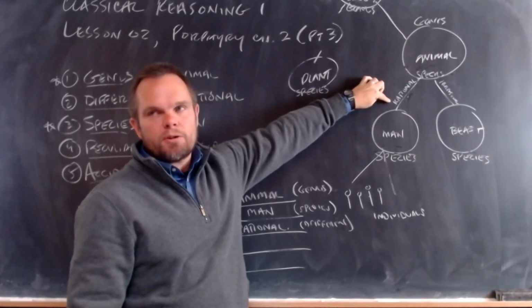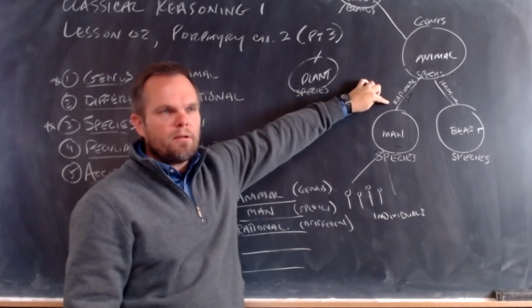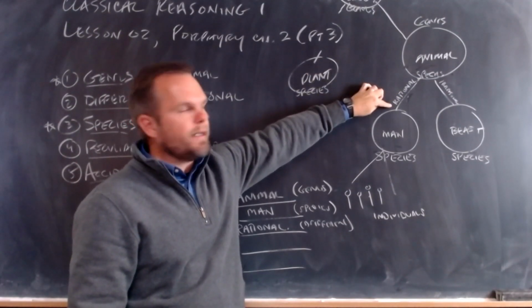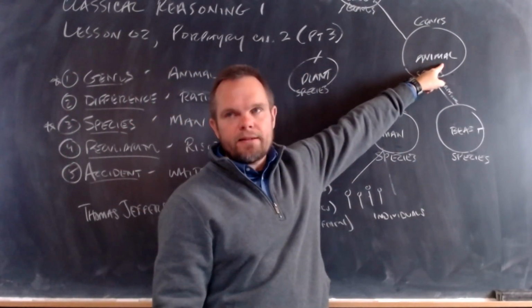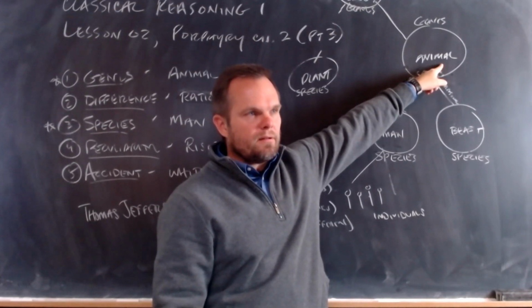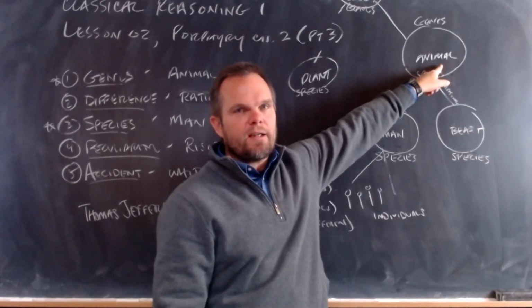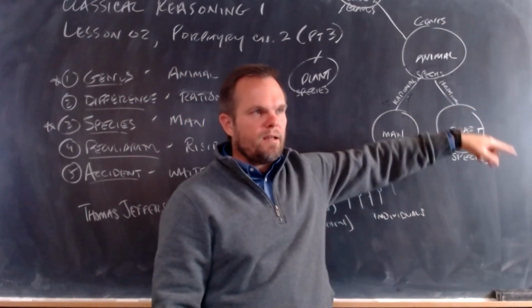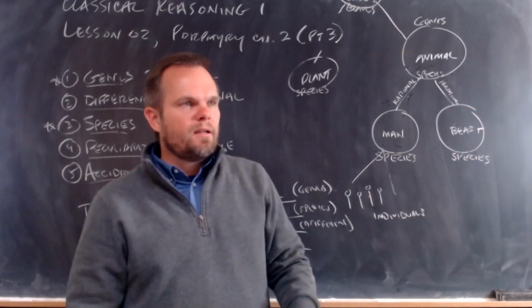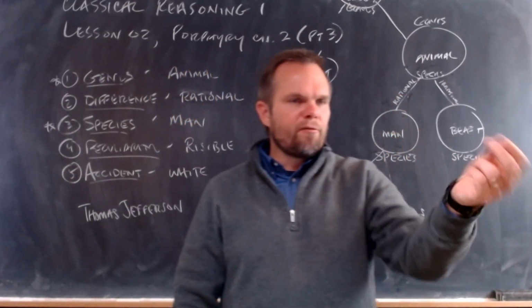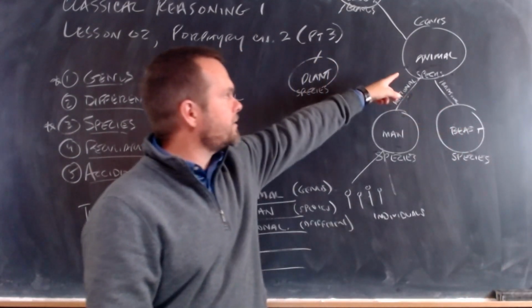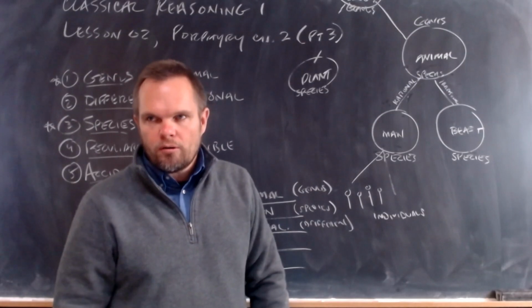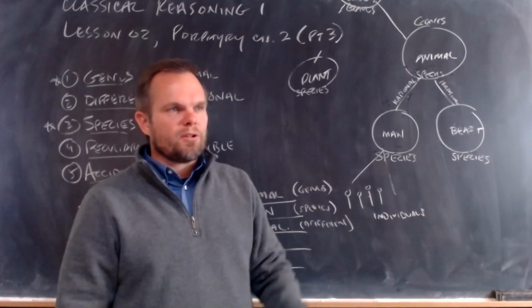I wrote rational right here because rational is the quality that actually divides this class of things, this genus, into its species. You see that? So the difference, what's different about you with respect to being an animal, is that you are rational.